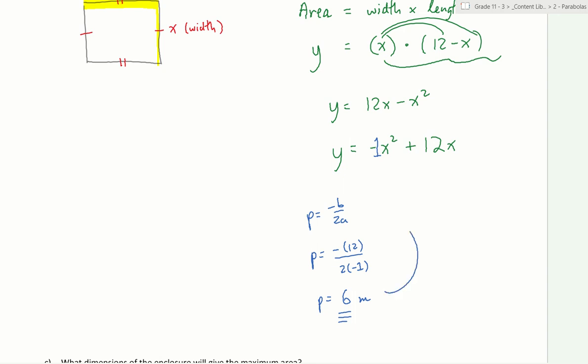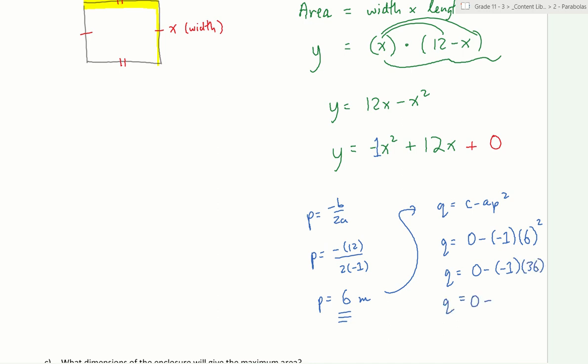Now let's figure out what the Q is. Q is c minus a p squared. It's important to note here that c is 0. So let's plug in what we have. Q is equal to 0 minus negative 1 times 36, which is 0 minus negative 36, which is 36.